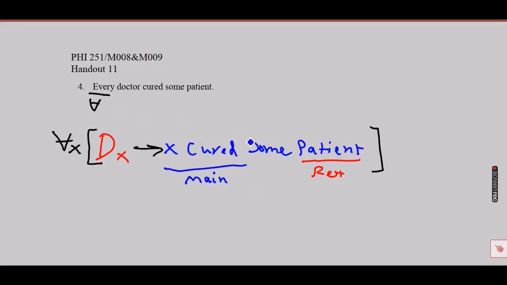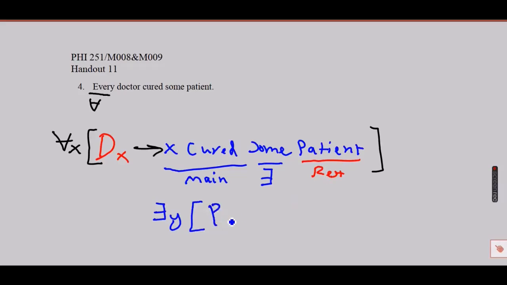And of course, we are going to use an existential. So the way we do it is that, remember, we need now to use a new variable because we are in the scope of for all x. So I'm going to use y. So I'm going to say there is some y such that, and the restrictor is patient.